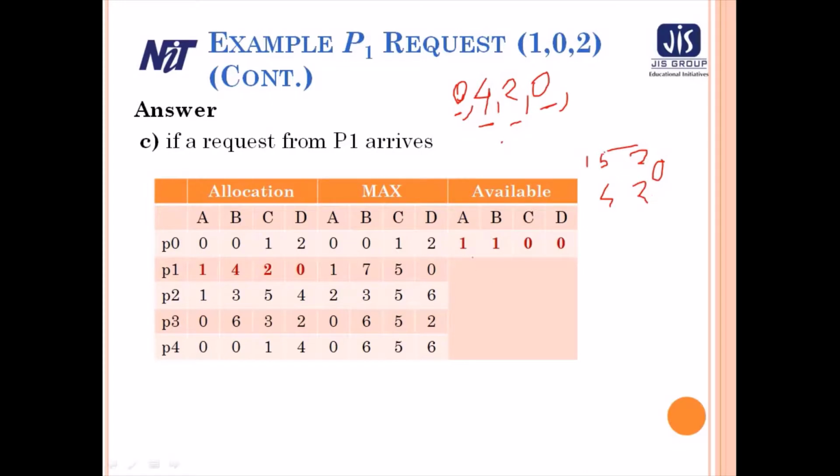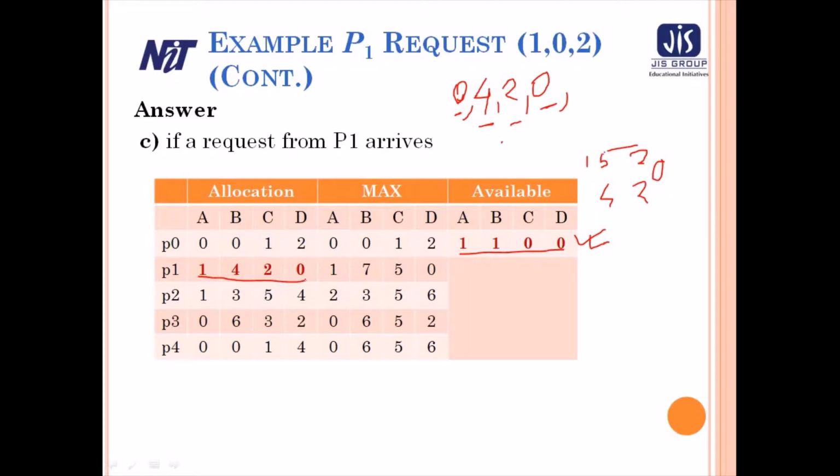So we have one instance of A, one instance of B, 2 minus 2, 0 instances of C and 0 instances of D. So now our current available is 1100. Initially, in the previous problem, P1 held 1000. So now P1 holds 1420. So our available is changed if we grant, and our allocation is also changed.